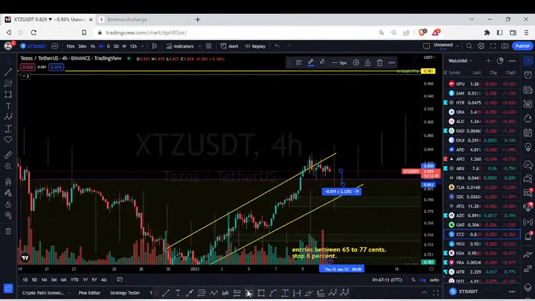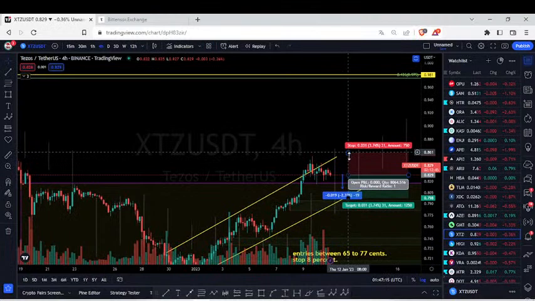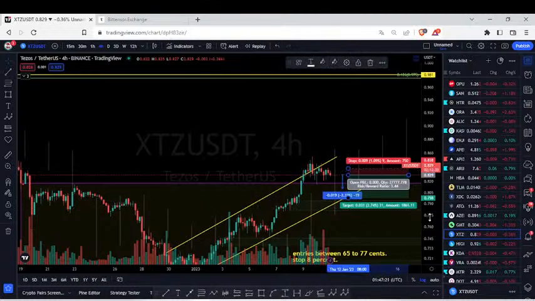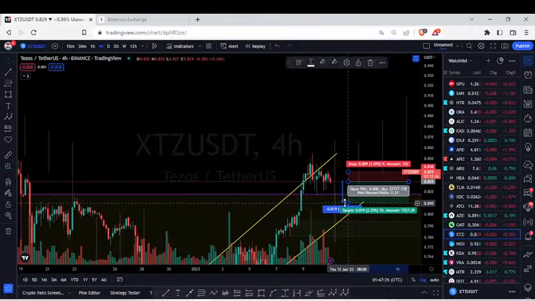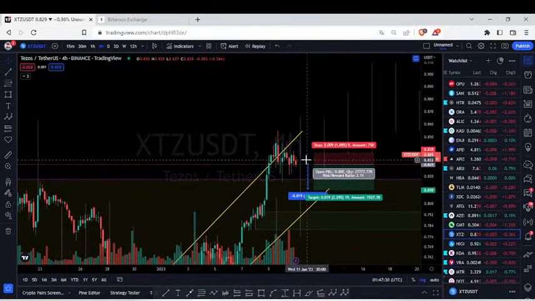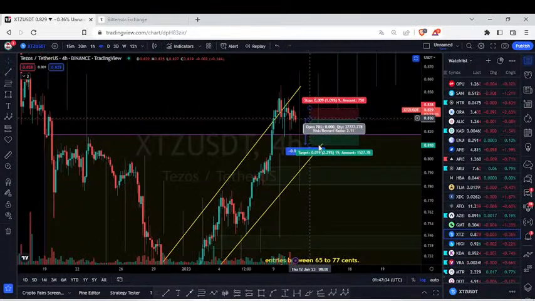What's the risk like? Yeah, 2-to-1 risk reward. Tezos can be shorted. Tezos can be shorted for a while.